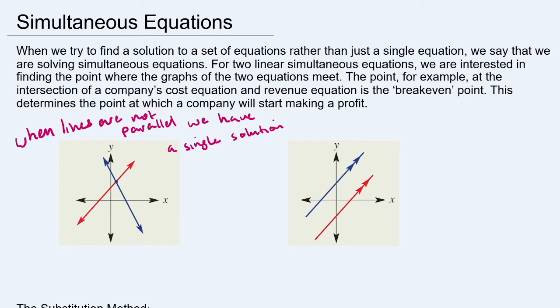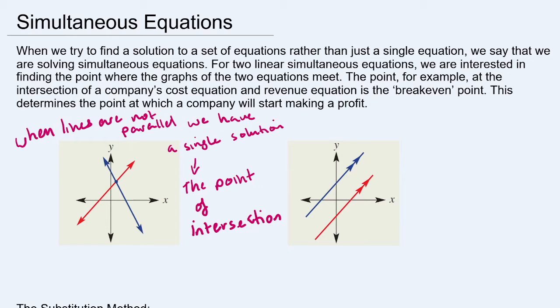That's that one spot where they cross each other. We call it the point of intersection. So we want to find that point of intersection.